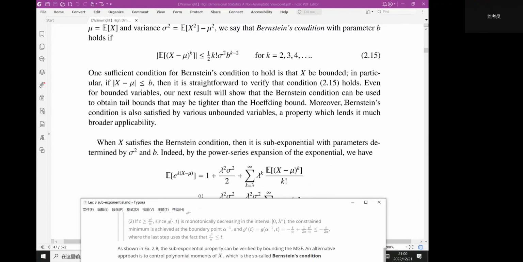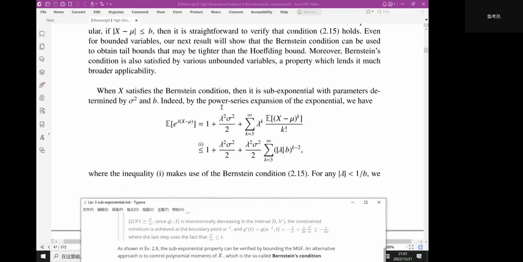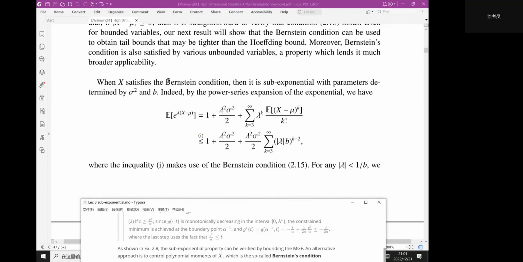So here it says that Bernstein's condition is also satisfied by various unbounded variables, and has much broader applicability than that of bounded variables. So when x satisfies the Bernstein condition, then it's sub-exponential. By calculating the power series expansion of the exponential, we can easily prove this.